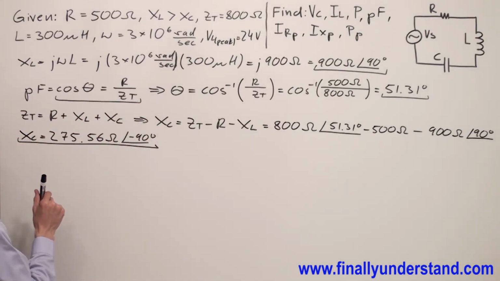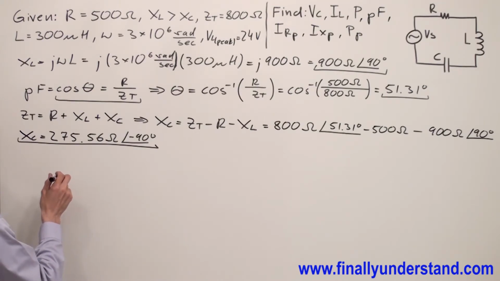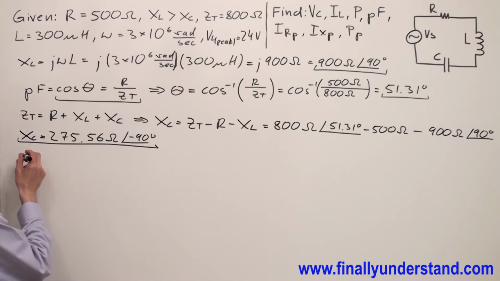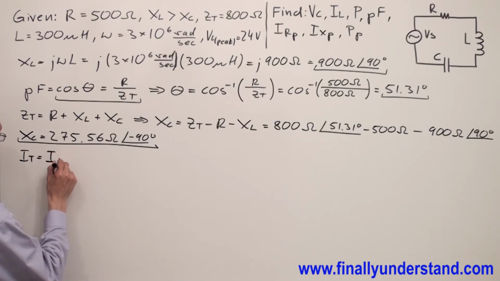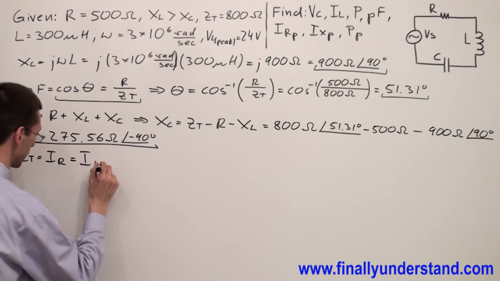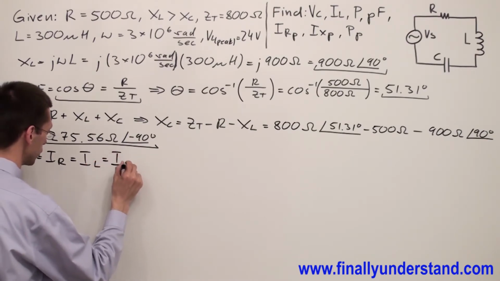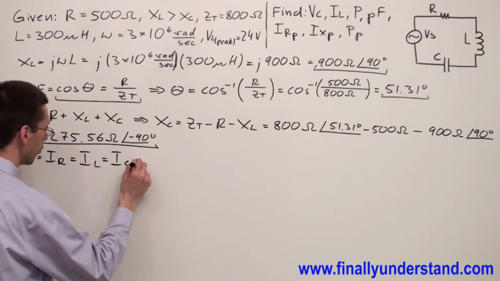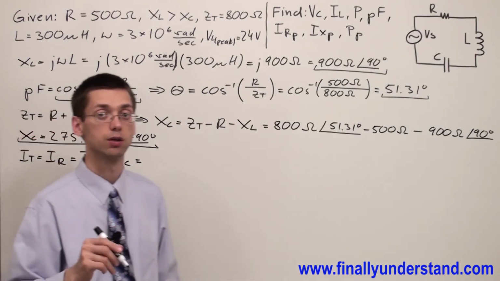In order to use Ohm's law, I have to find the current in this circuit. So I simply write that current, I total, is equal to current which goes through the resistor. This is also equal to the current which goes through the inductor, and this is also equal to the current which goes through the capacitor. Why? Because this is series circuit.